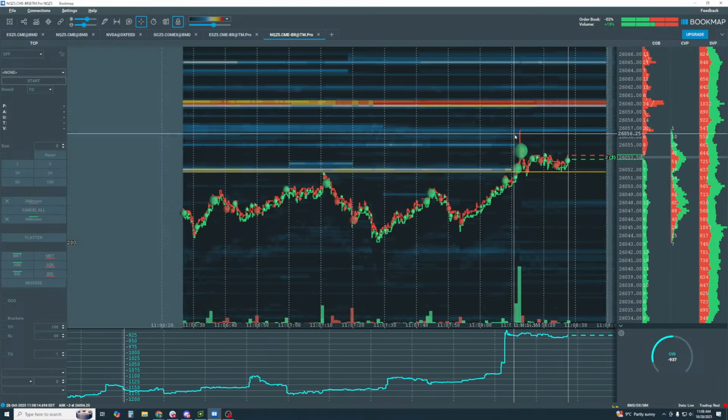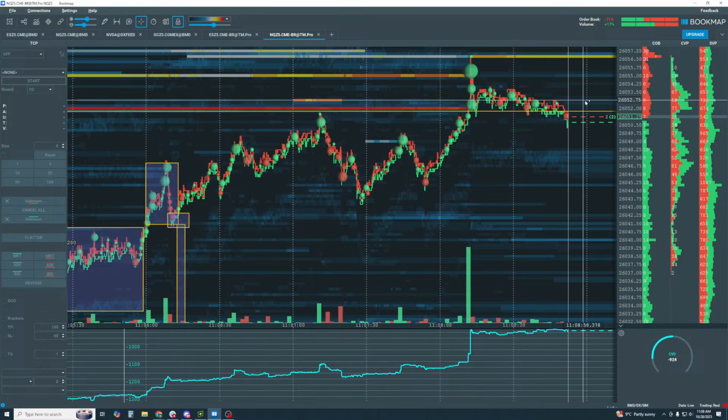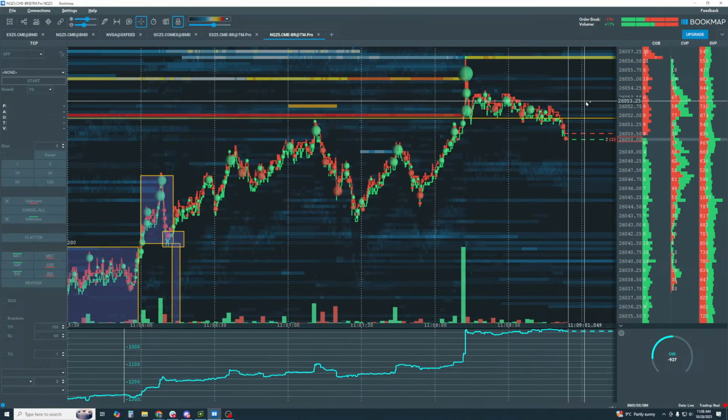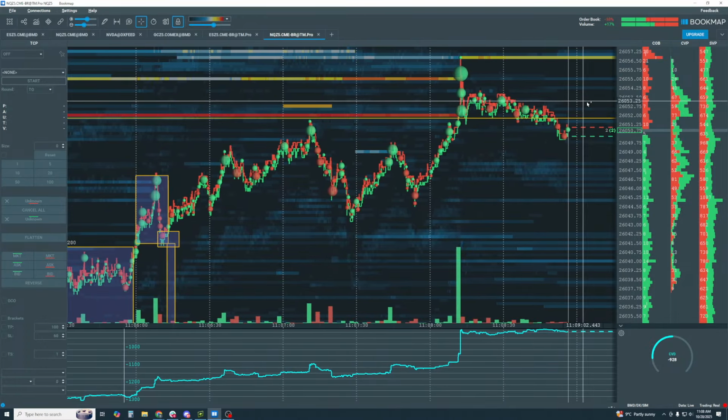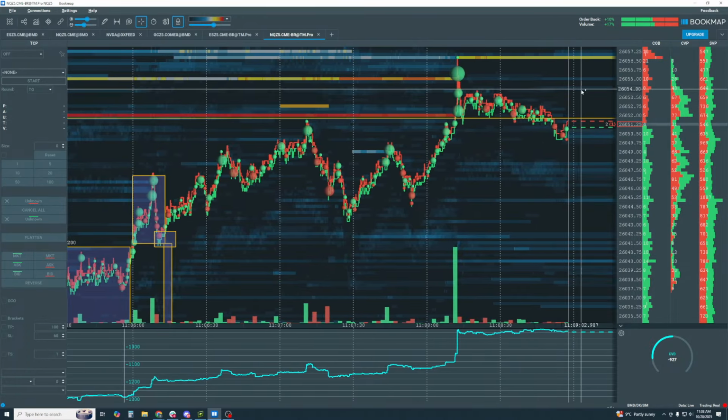Do we see that buying starting to mount again above our level here, above our level of 52? Nope, you didn't get it. Okay, all right, they're coming back here on another swing.